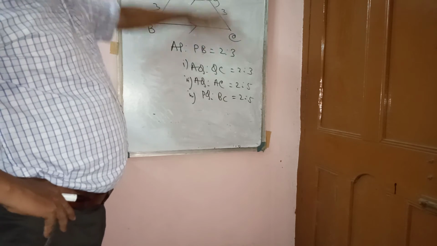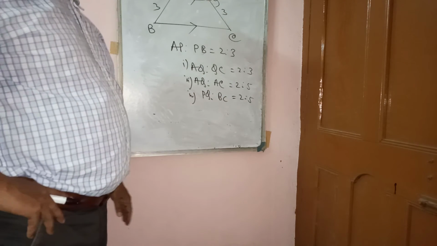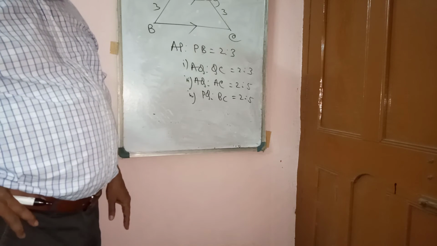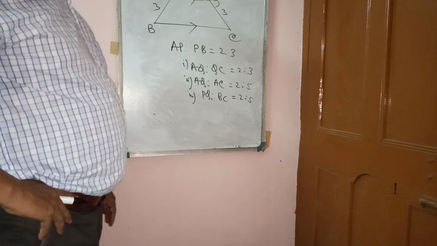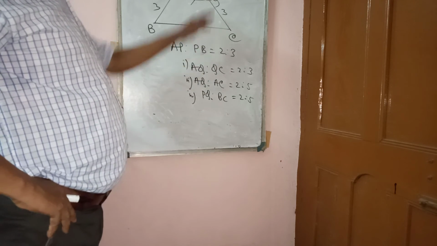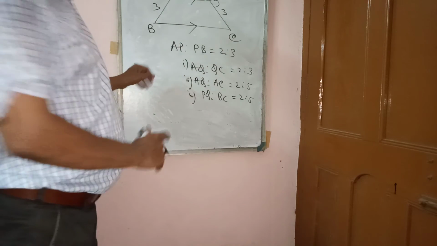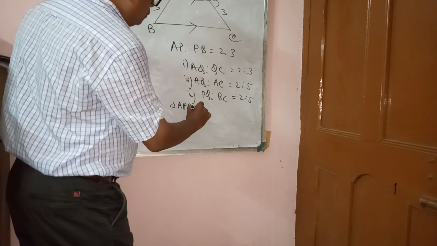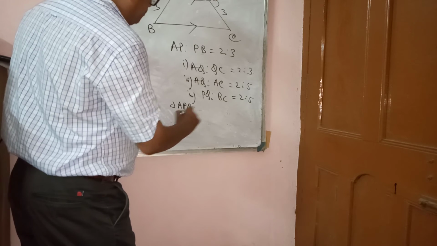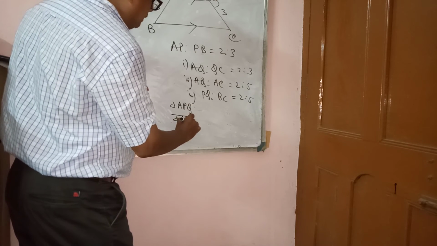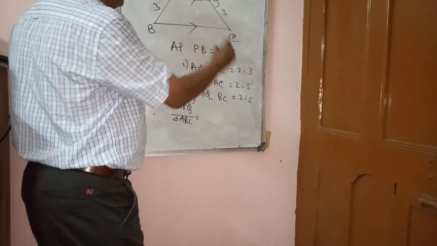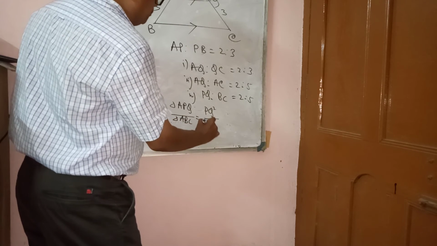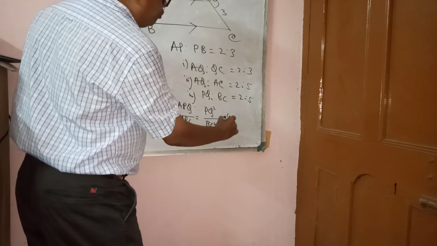So the two triangles APQ and ABC are similar. And if we write the area, area APQ by area ABC equals PQ square by BC square, that is 4 by 25.